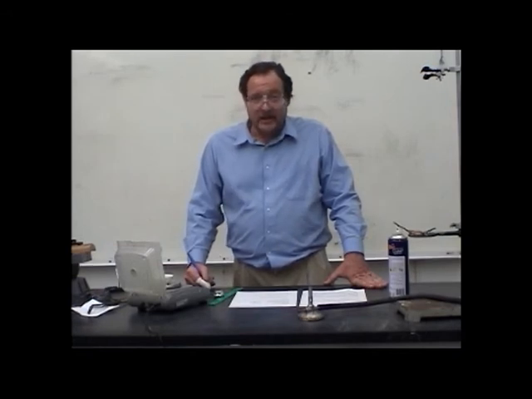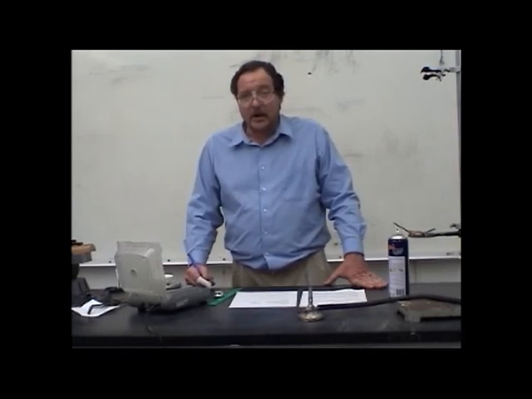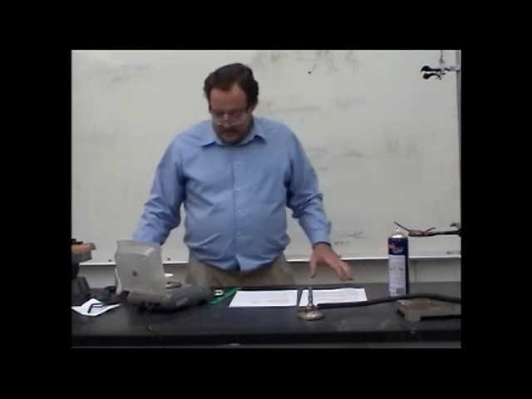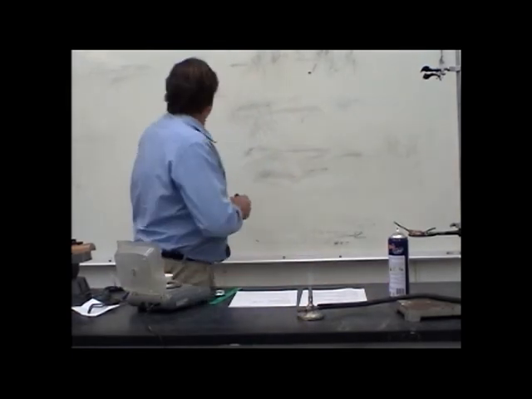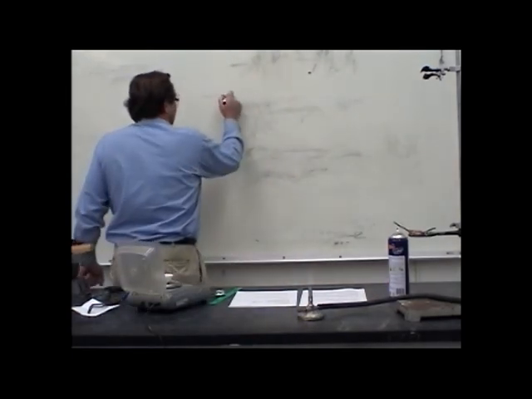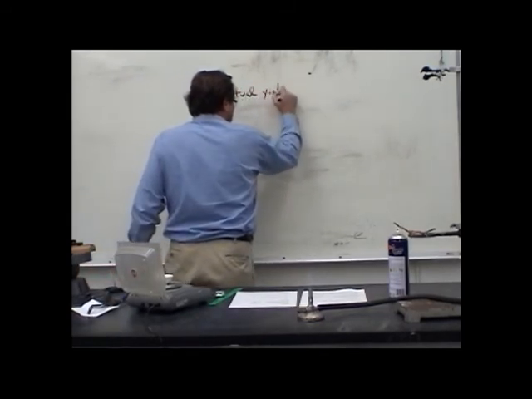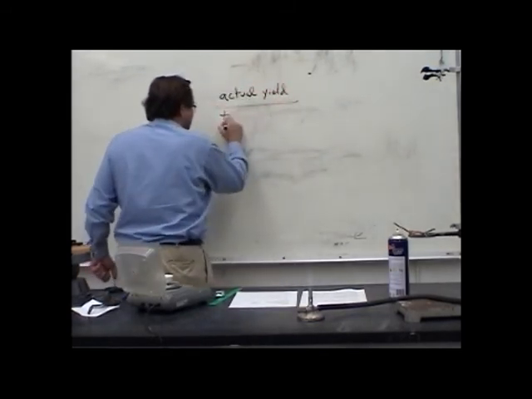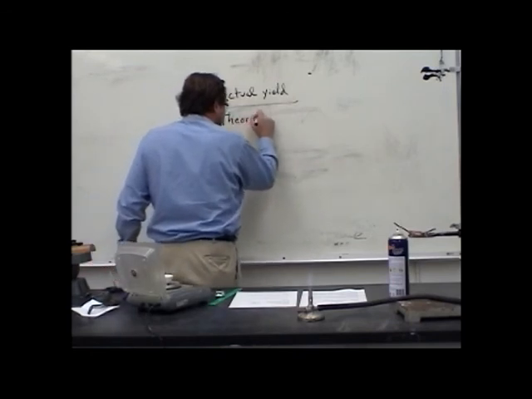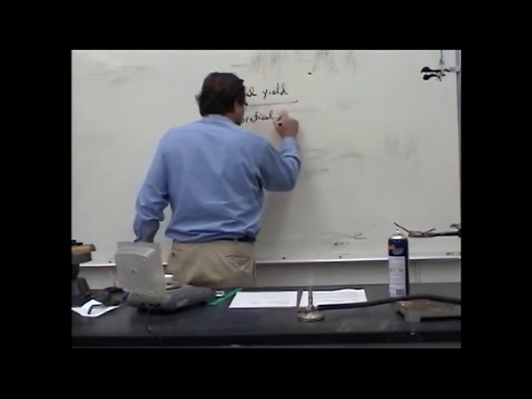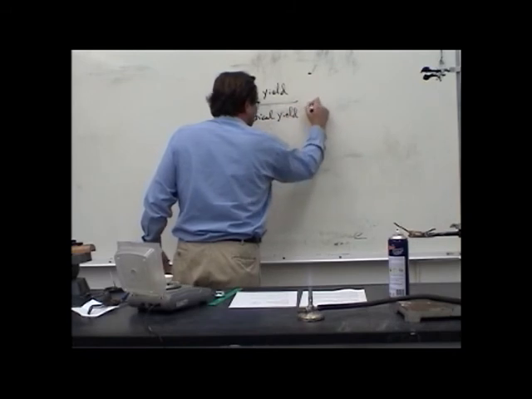But let's go ahead and calculate that. So now we're going to calculate our percent yield, and the percent yield is going to be actual yield divided by theoretical yield times 100.